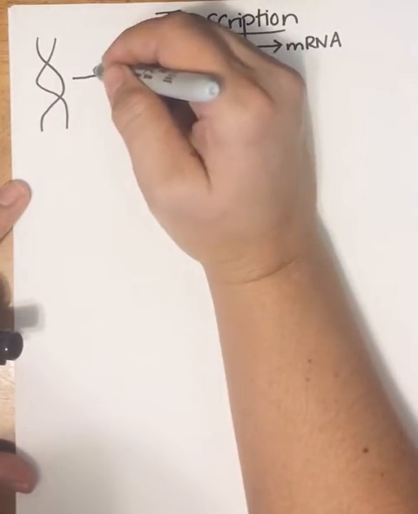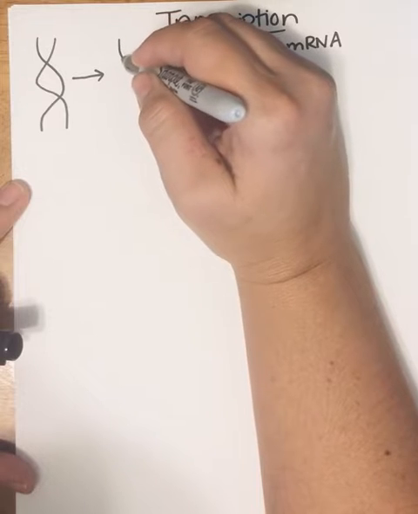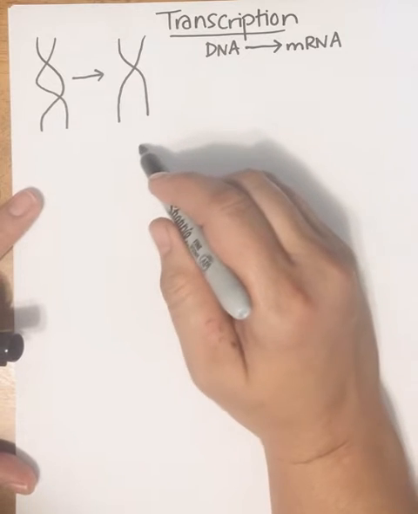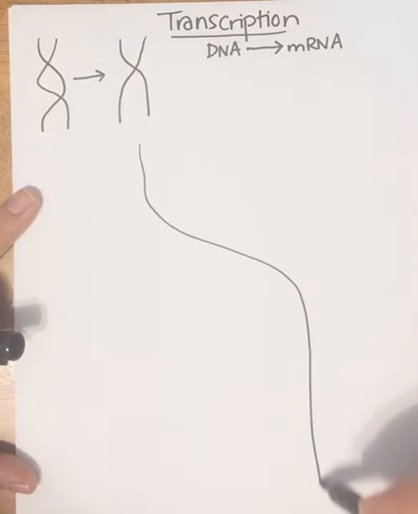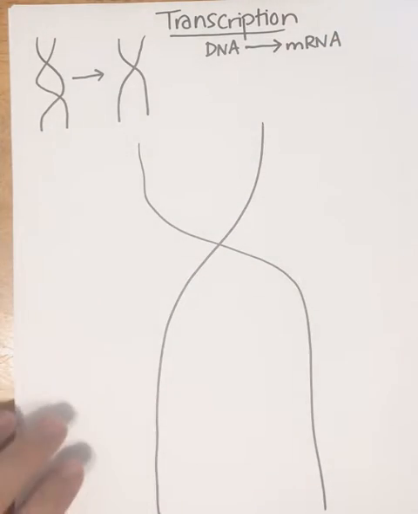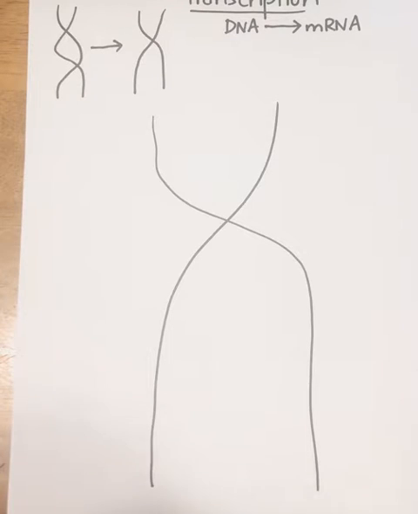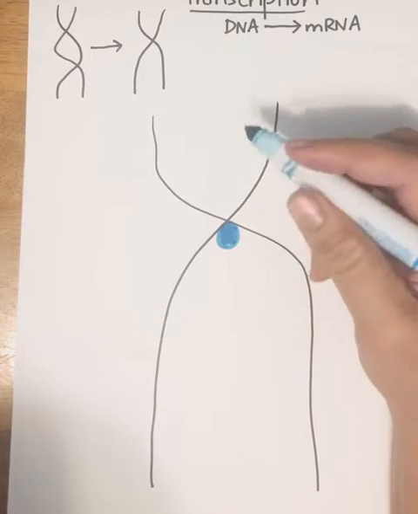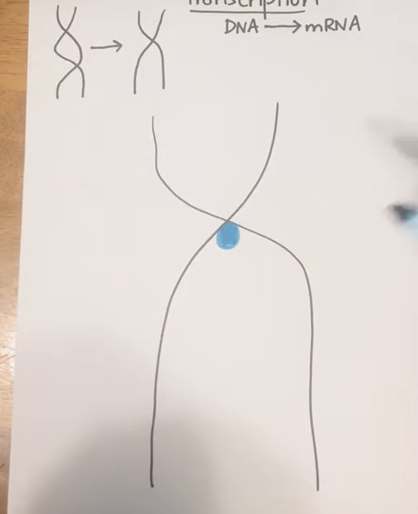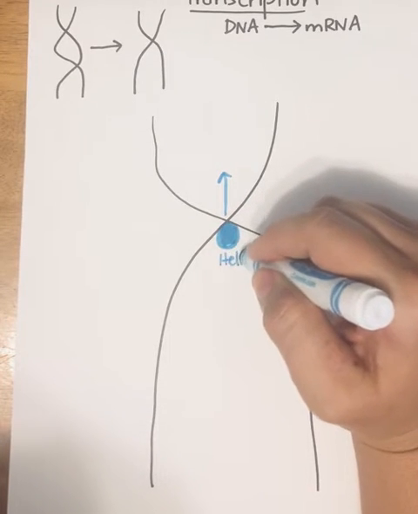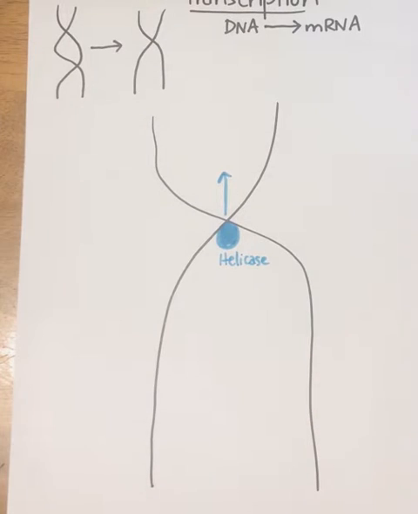Your DNA, just like in replication, has to be unzipped. So during transcription, you draw basically the replication fork, but it's not replication that's occurring. It's transcription. So you can go through and write all the same enzymes. The enzyme that unzips DNA so that transcription can occur is helicase. Helicase is always responsible for unzipping your DNA.